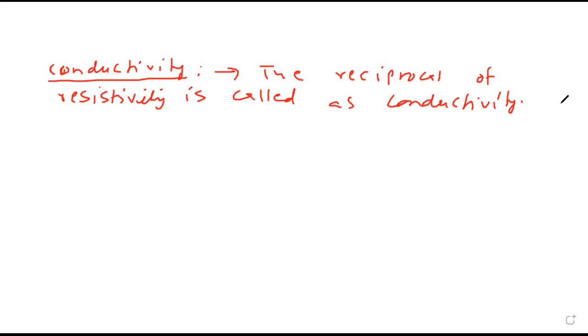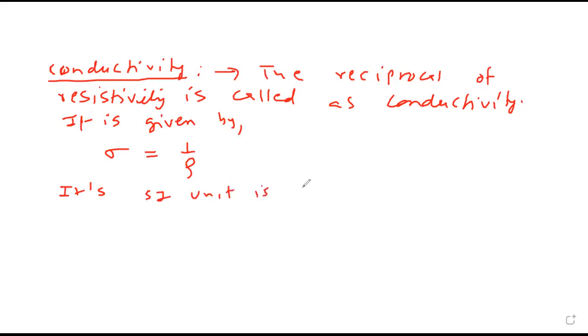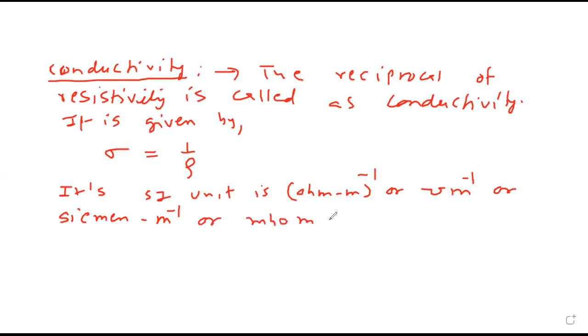The reciprocal of resistivity is called conductivity. It is given by sigma equals 1 by rho. Its SI unit is ohm meter raised to minus 1, or omega meter raised to minus 1, or Siemens meter raised to minus 1, or mho meter raised to minus 1.